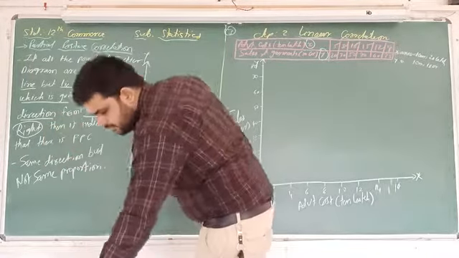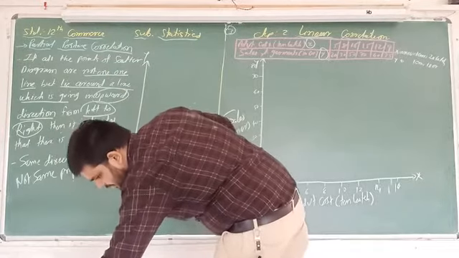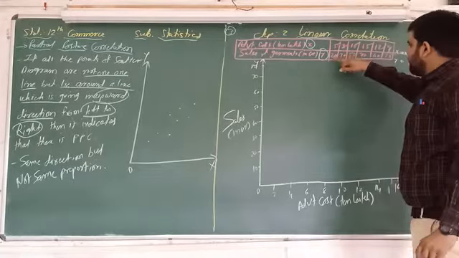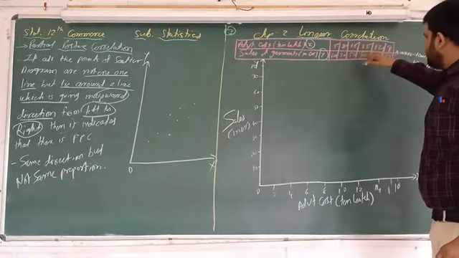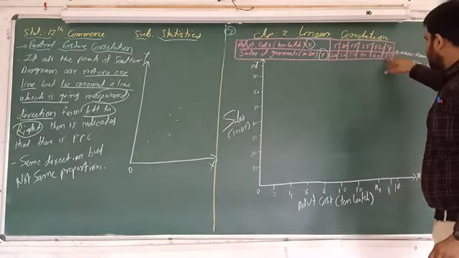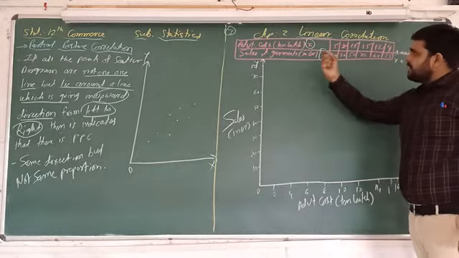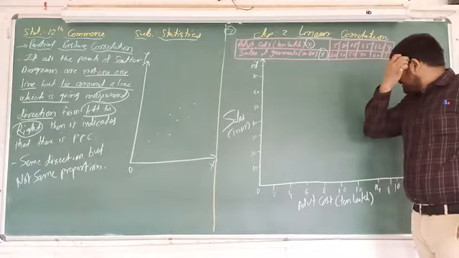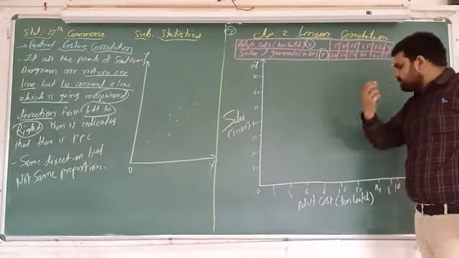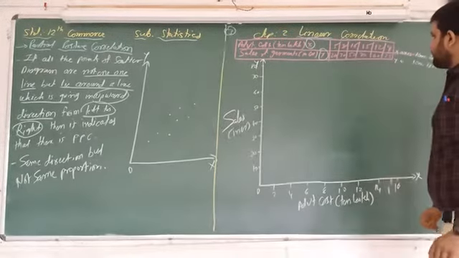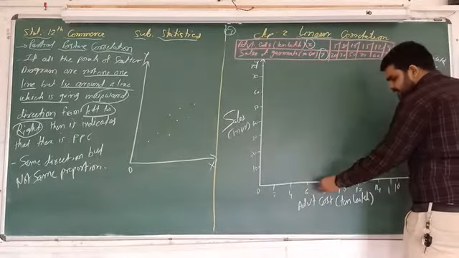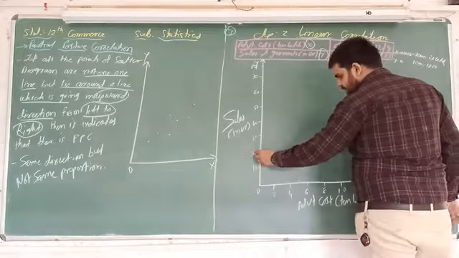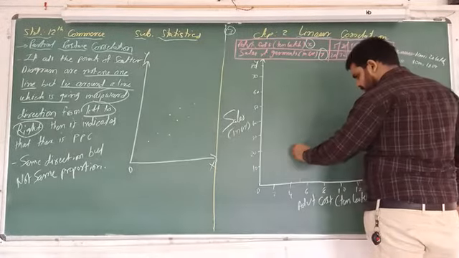Now we have to plot the points. The x and y pairs are (5, 20), (8, 30), (10, 50), (15, 70), (12, 60) and (9, 35). You can see that if advertisement cost is high, sales of garments are also high, but not in the same proportion, which is what we have to show. X equal to 5 and y equal to 20, so it is here.